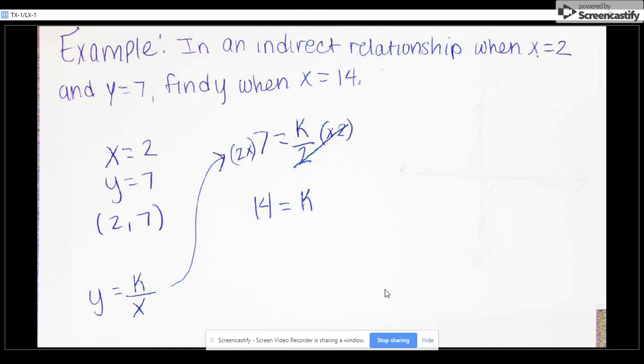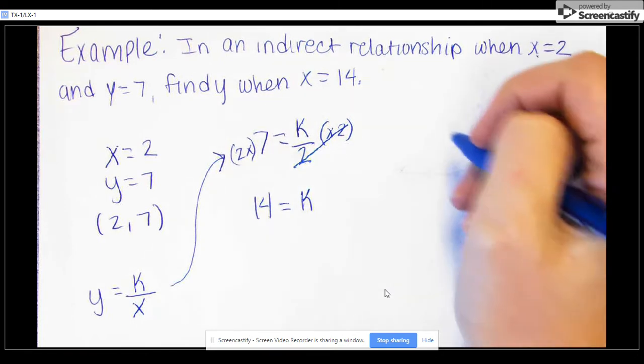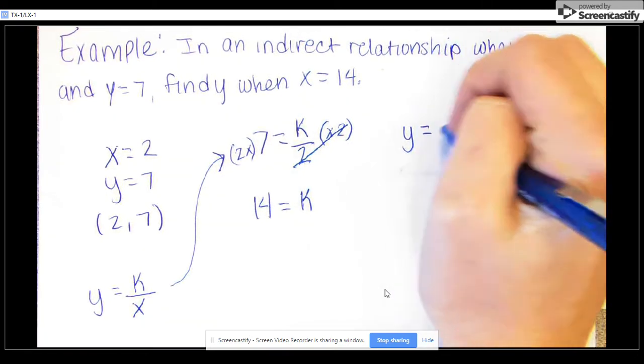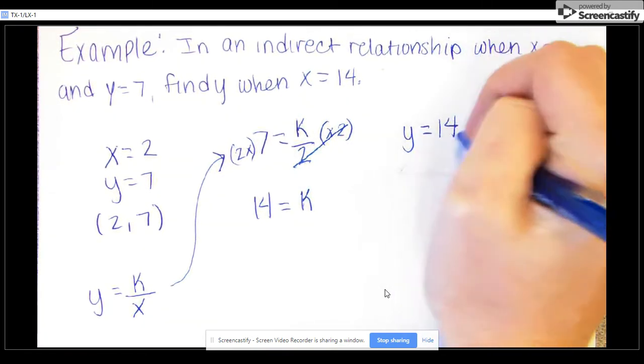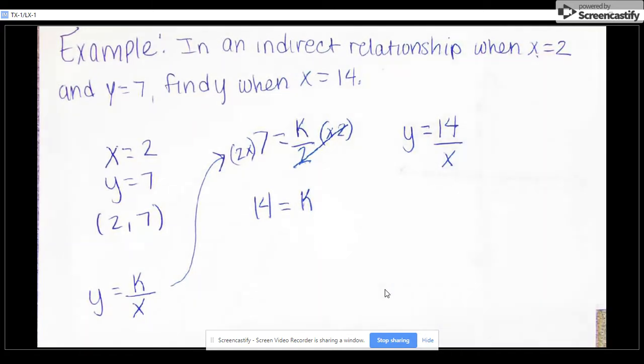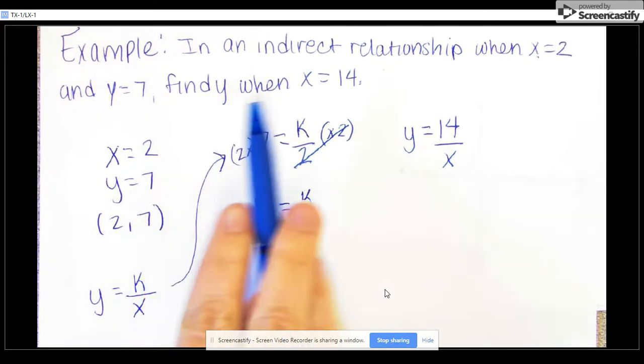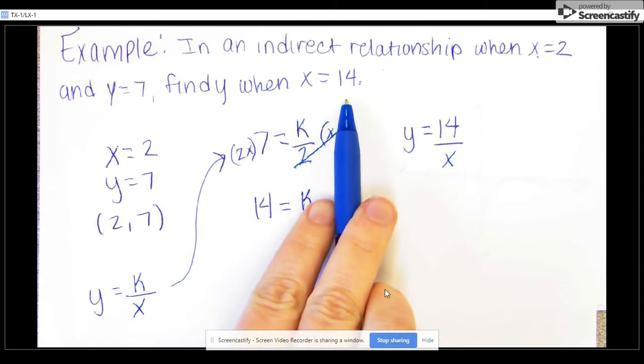Now that I have my k value, I can plug that value into the original equation, y equals k over x, with x and y as variables. So I now have my equation, where I have y equals 14 over x. Now I can finish the problem: find y when x equals 14.